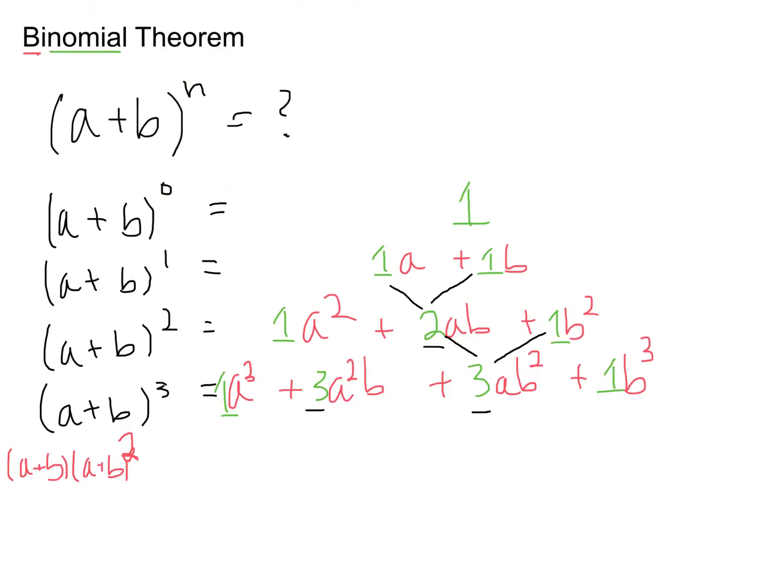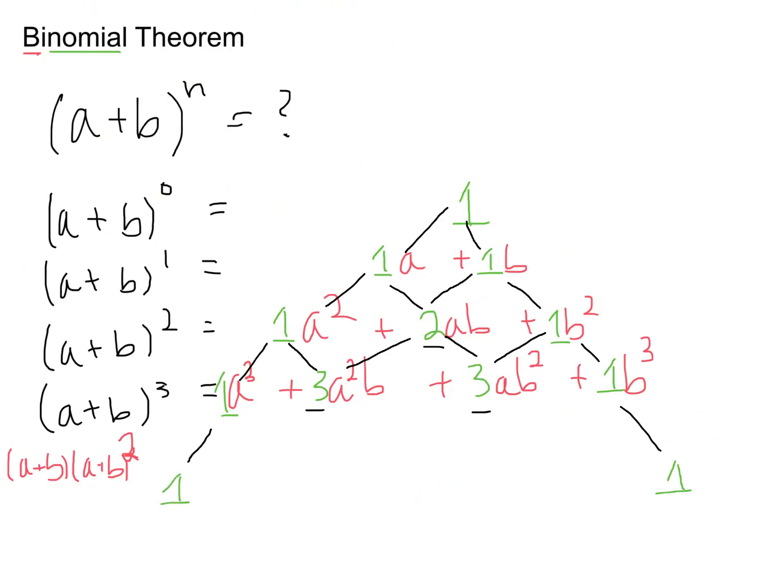Similarly, the 3 here is 2 plus 1. And notice that the 1s just kind of keep moving towards the outside. If you wanted to guess what the next cascade down would be, well, the 1s would continue down the outside.